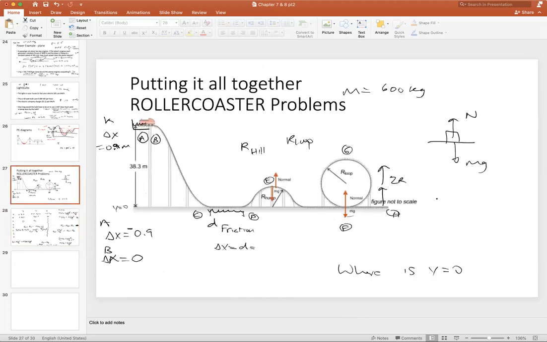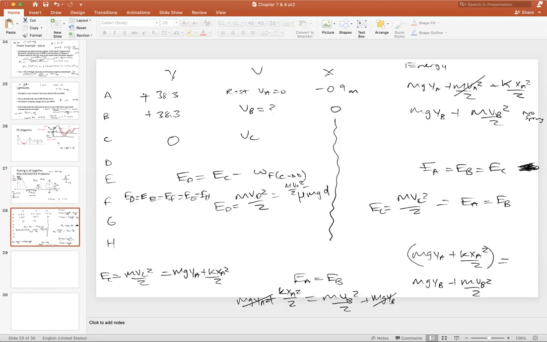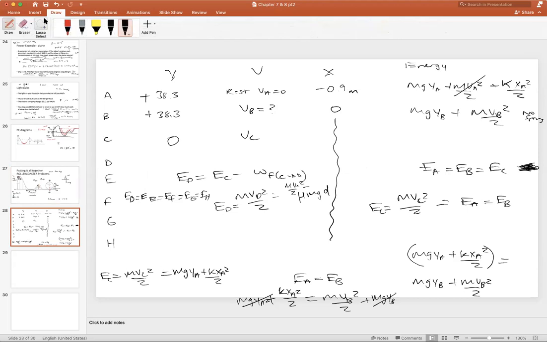And here, what happens is it has MVE squared over 2 plus MGYE. Here, YF is back to 0 at the top. So I get rid of this stuff so that I can actually see my Y's.